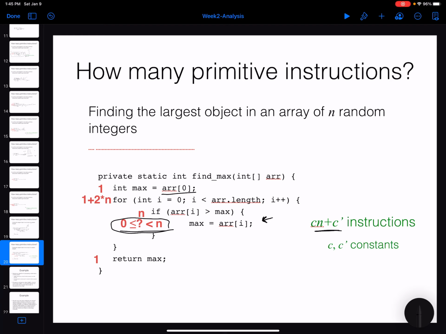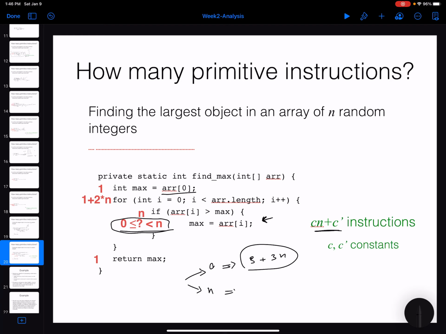Just assume, for example, that it will be executed 0 times. If the number of executions of this line is 0, the time function is going to be something like 3 plus 3n, something like this, right?